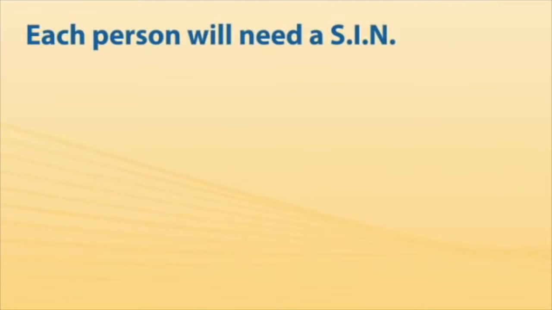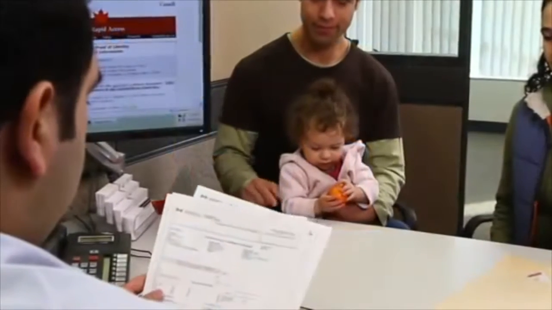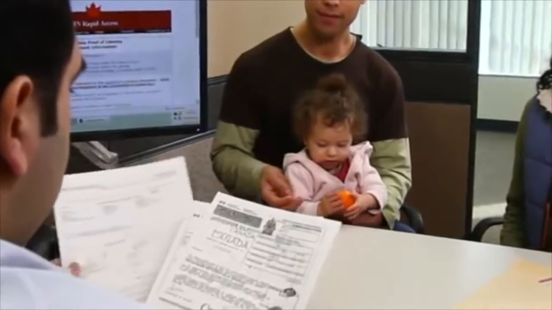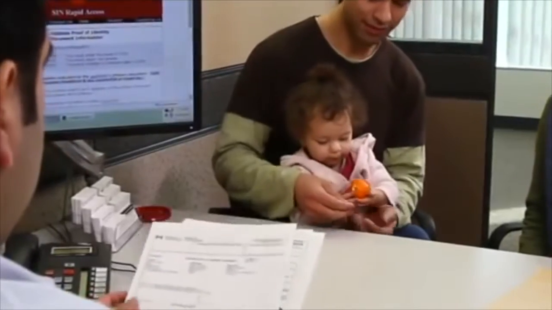Each person will need to apply for their own SIN number. For example, a family of 3 would have 3 separate numbers: one for the mother, one for the father, and one for the child. In order to obtain government services for your family, apply for your child's SIN while you are applying for your own.